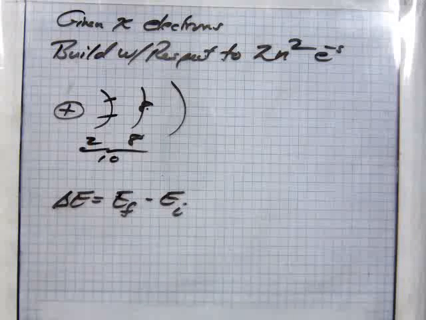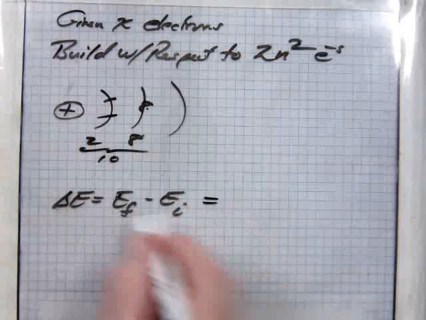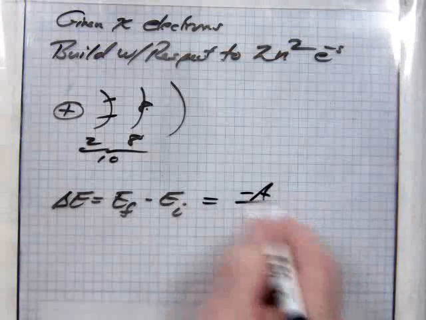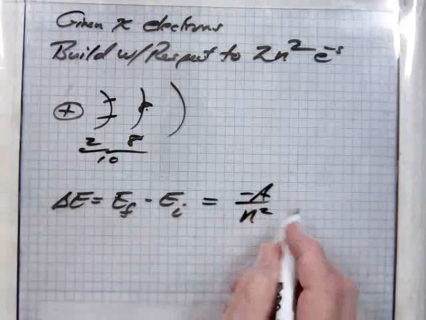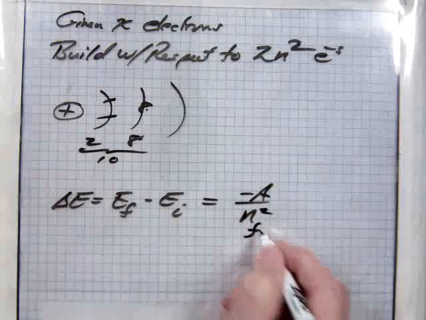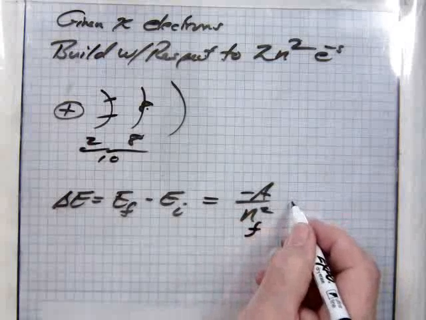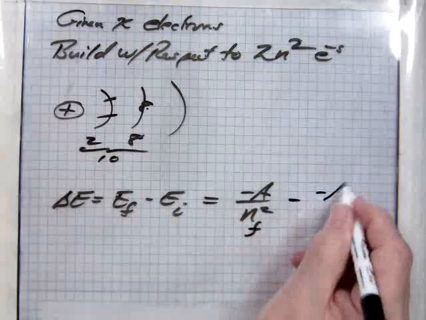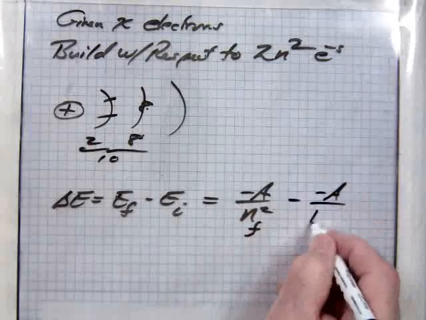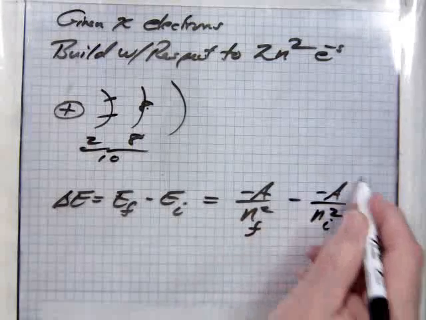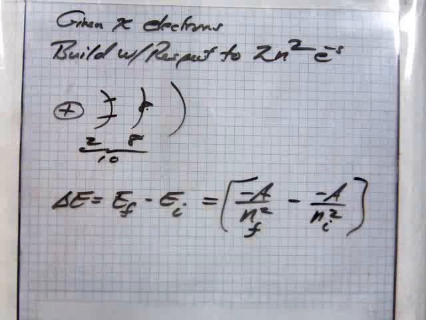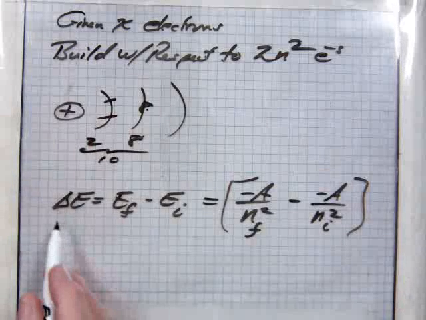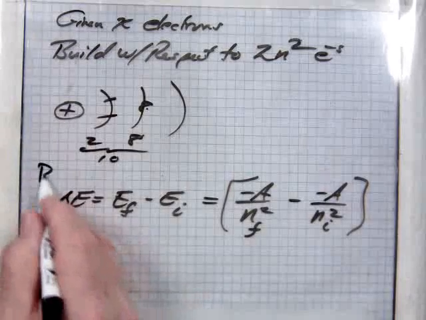The positional energies for each one of these were minus A over n squared final, minus minus A over n squared initial. And I simplified that into an equation known as the Rydberg energy equation.